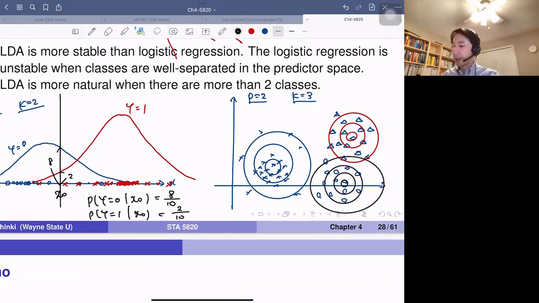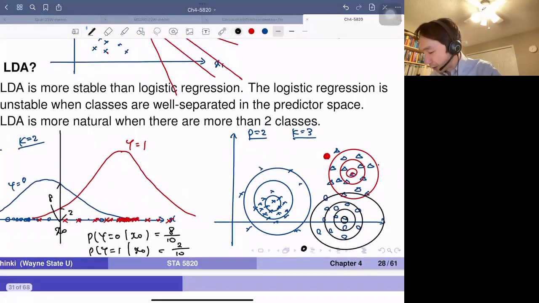And based on the height of the contours, we decide which group the point belongs to. So for example, if we have a point around here, probably it is much closer to the center of this, so this point is more likely to be this group, the red group. And probably this point is more likely to belong to maybe the black group, or possibly the blue one.